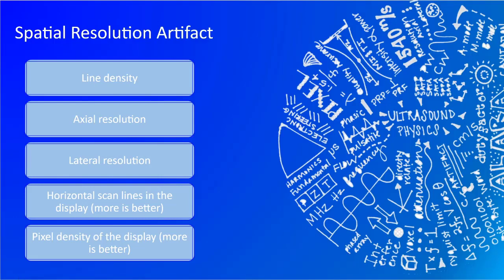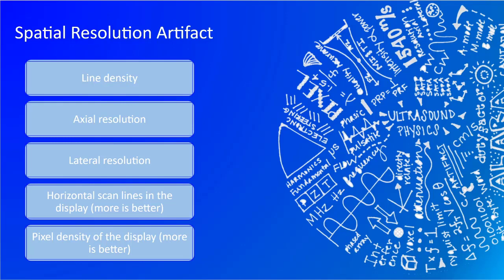Spatial resolution artifact refers to the idea that we want to see detail within our picture. So spatial resolution artifact can change as we change line density. If we have lots of lines, we're going to have a lot of detail that improves the picture that we're getting.